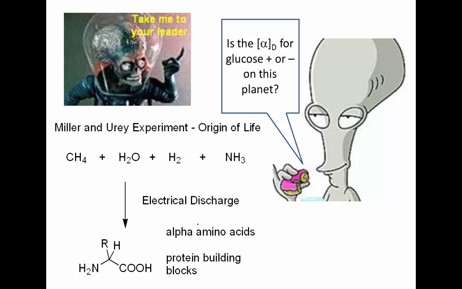So let's say you're an alien landing on a new planet. This is not really the right thing to say, but what you really want to ask these people is about the most common sugar, glucose. Does it rotate plus or does it rotate minus on this planet? So Roger here is enjoying a donut, but there's only a 50% chance that he could ever get anything out of that donut, because how life originated on his planet only had a 50% chance of selecting either enantiomer.